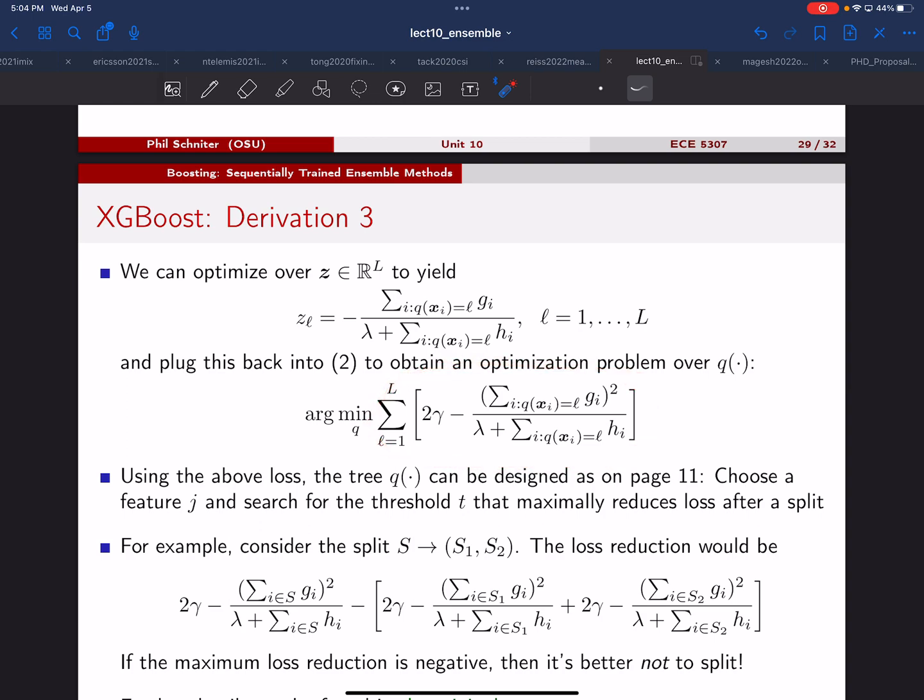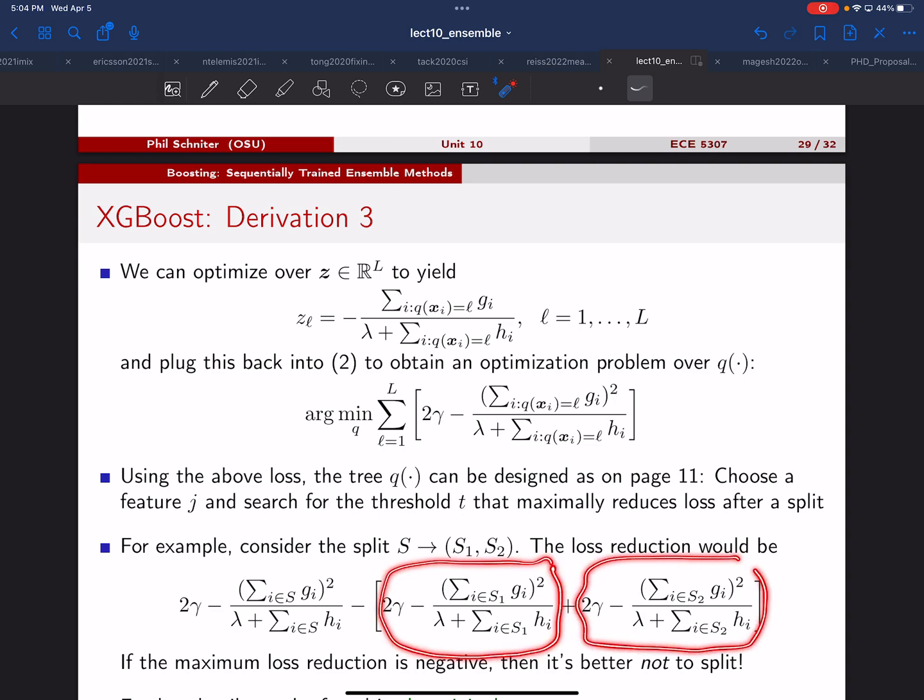So this is what the cost will be before we do the split. Then we just have essentially one leaf, you could say. Sort of trivial. So you would just evaluate GI and HI over your whole training set. You get this value. So that's if you do no optimization. Now, once you design the split, you're going to have two leaves when you're done. And this will be the cost component for the first leaf.